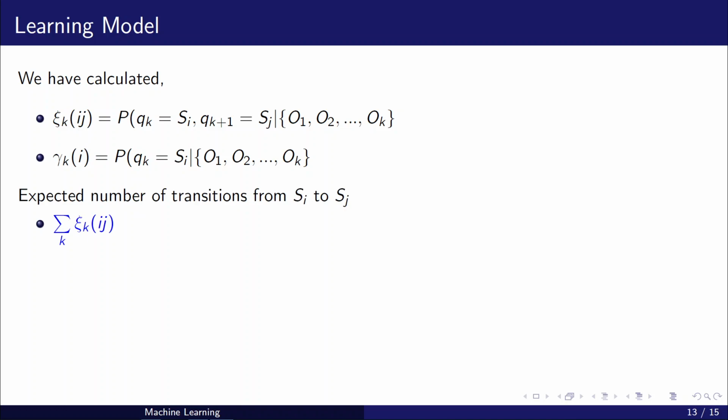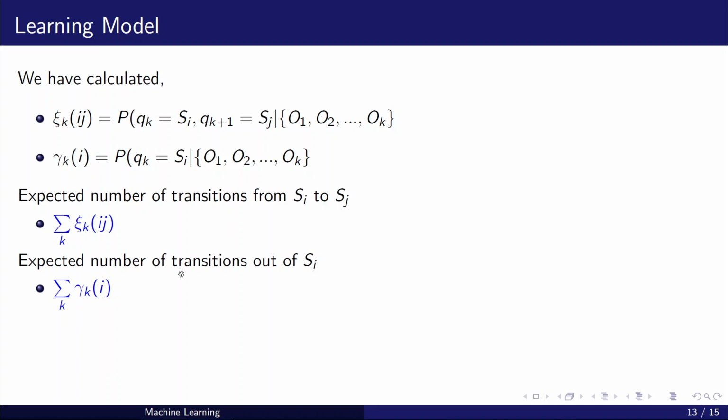So the expected number of transitions from si to sj is, so this represents one transition. So the expected number of transitions is the sum over all k's, sigma k, for the different values of k, psi k ij. So that is the expected number of transitions from si to sj.